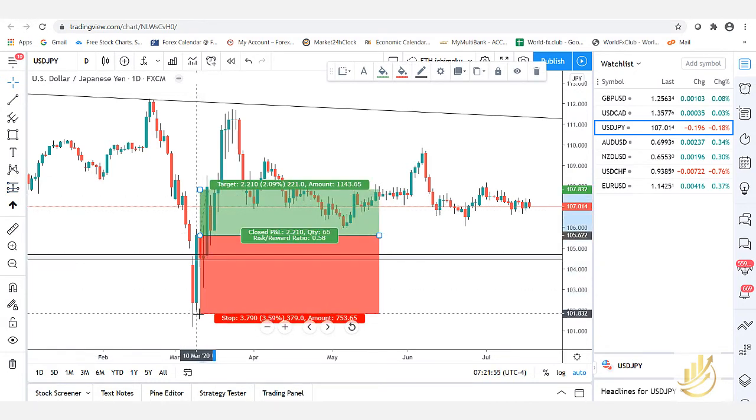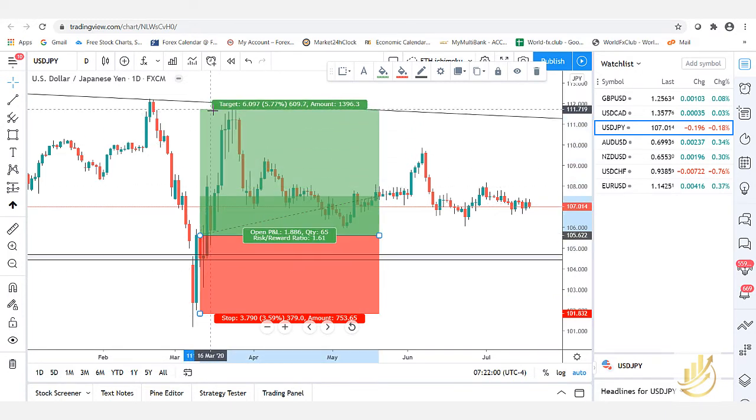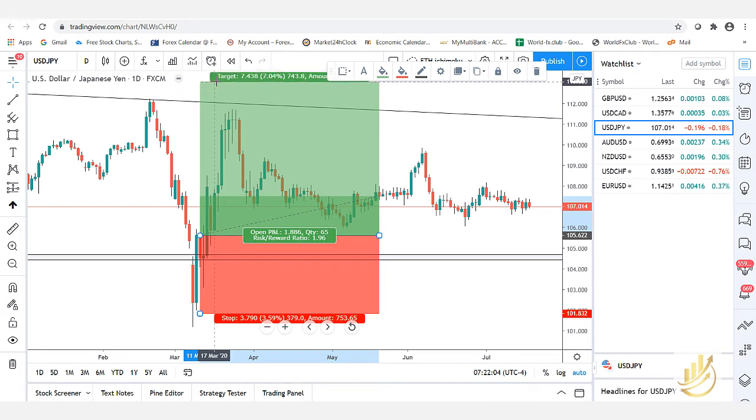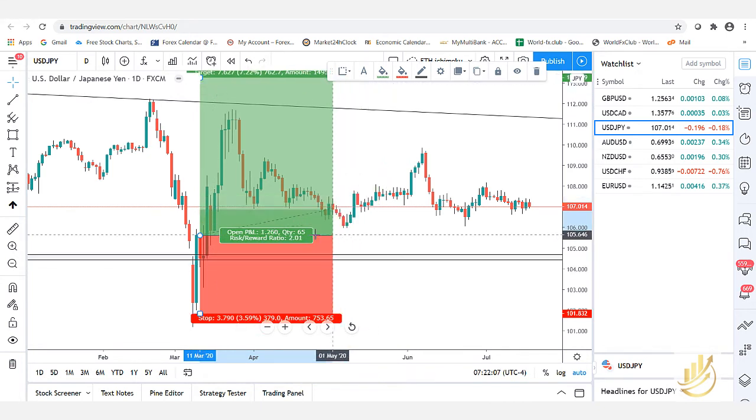My risk is just below this engulfing candle, and I have a risk to reward of 1:2. So this is my risk to reward.